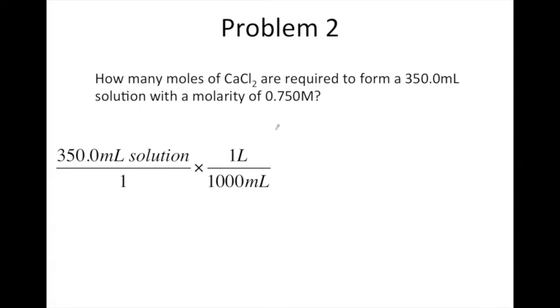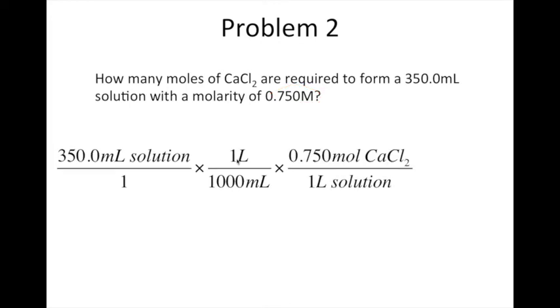The reason I do that is because molarity is moles per liter. So I can use the molarity of a solution as a conversion factor. The molarity can be used to convert liters into moles. So the first thing I have to do is convert my milliliters of solution, my total volume, into liters. Then I can use my molarity.